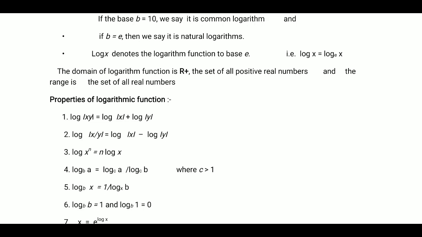Similarly, log x upon y is equal to log x minus log y. So log converts product into plus sign, division into minus sign, and power into product form. So log x power n will become n log x.